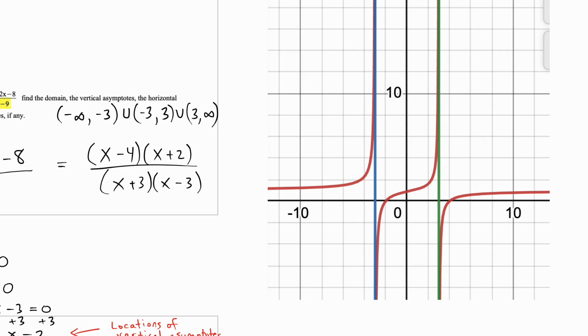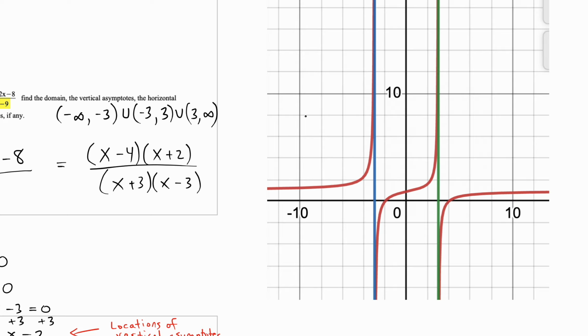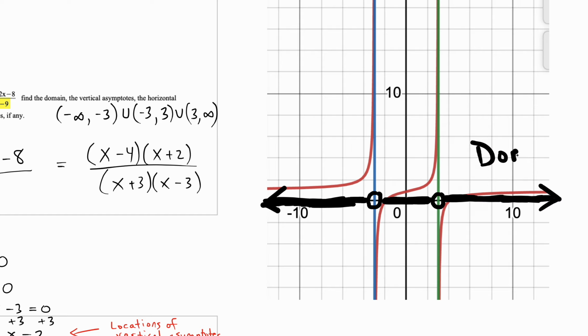So if I want to draw a picture of the domain on the graph itself, the domain does not include negative 3 or 3, so we'll just put open dots there. But the domain includes everything else. So that's the domain.